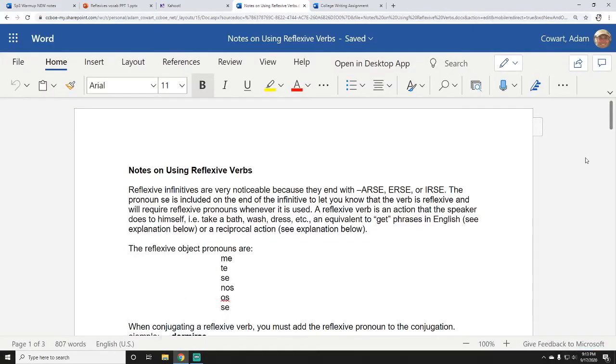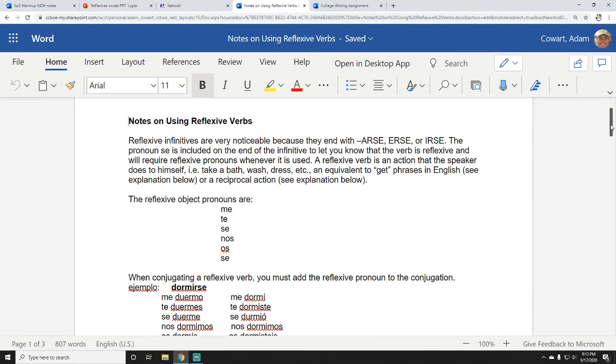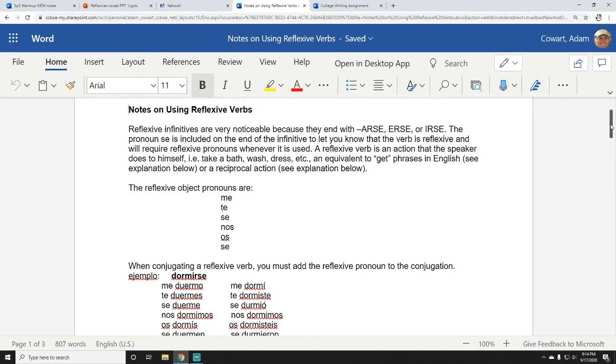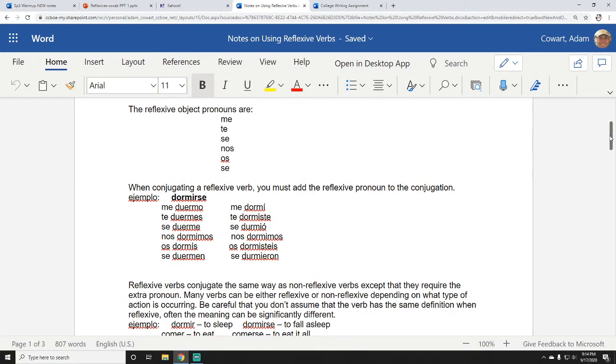So what we're doing here is most of this, fortunately, is stuff that I've already said, and I'm going to keep this short. So this says reflexive verbs end with arreglarse, irse. That's how you know that whoever's doing something is going to be doing it to him or herself. These are your reflexive pronouns: me, te, se, nos, se.